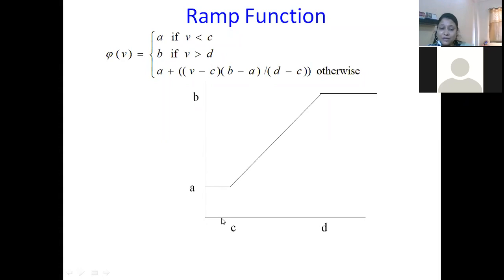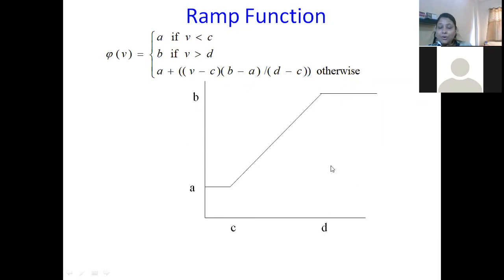That means if v attains any value which lies in this region, then the output variable must attain the value of a. Then it is a ramp function, that means a linear ramp, when v is greater than c but obviously less than d. In that particular case, this thing will be calculated as the output variable.